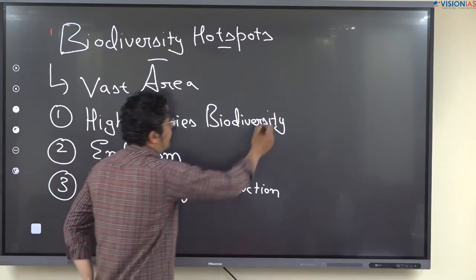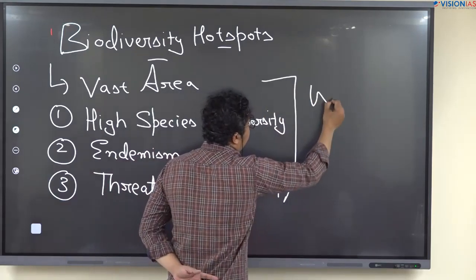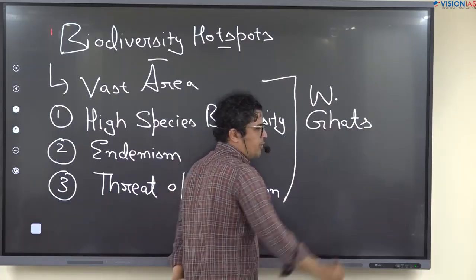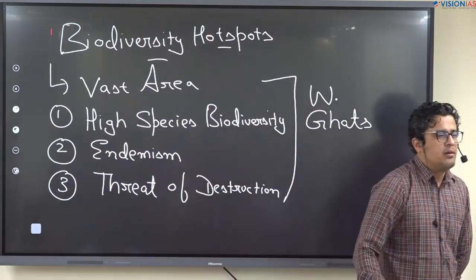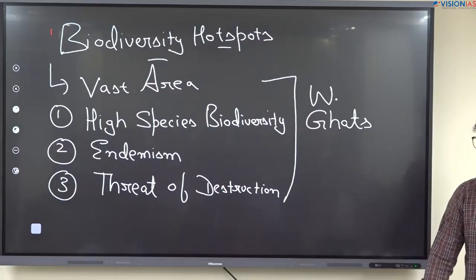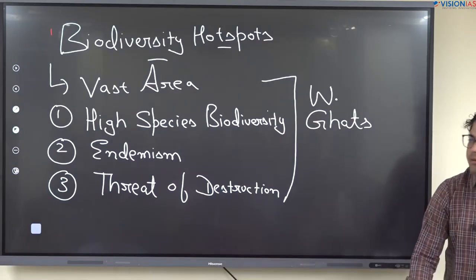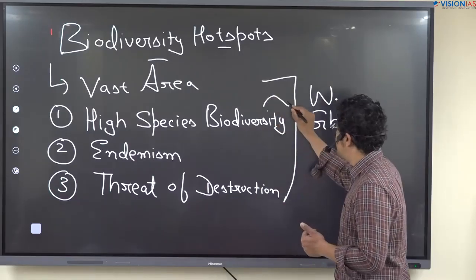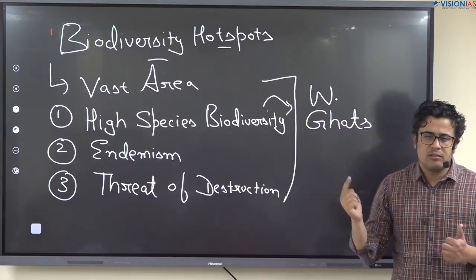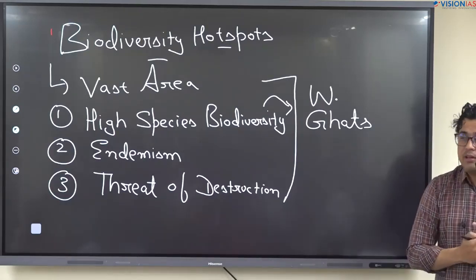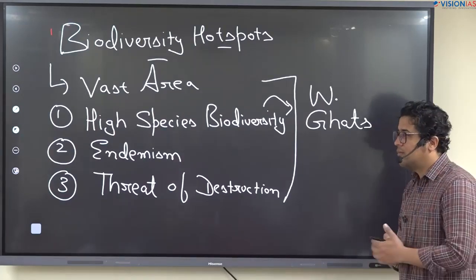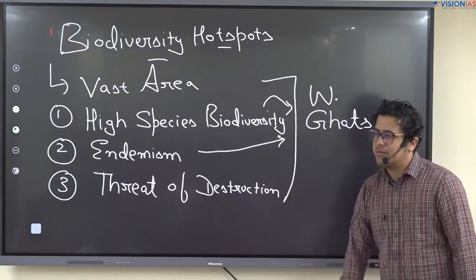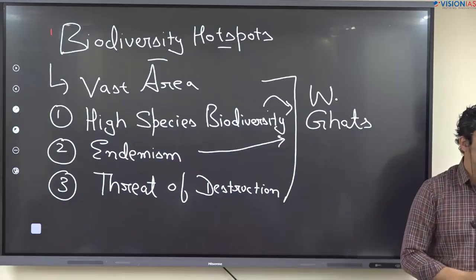For example, this place in India is a biodiversity hotspot. Western Ghats. Western Ghats are considered biodiversity hotspots of India. Why? Because they fulfill all the three criteria. You will find high species biodiversity in Western Ghats. So many species. Every year new species are discovered. Still, you will find endemic species in Western Ghats, which are found only in Western Ghats.